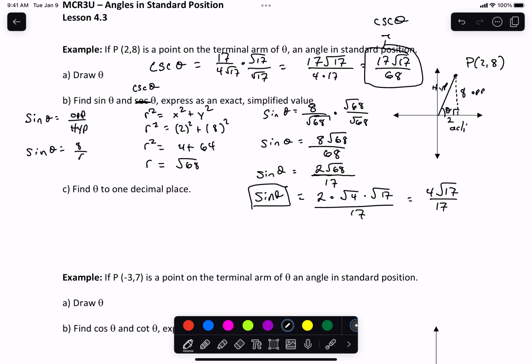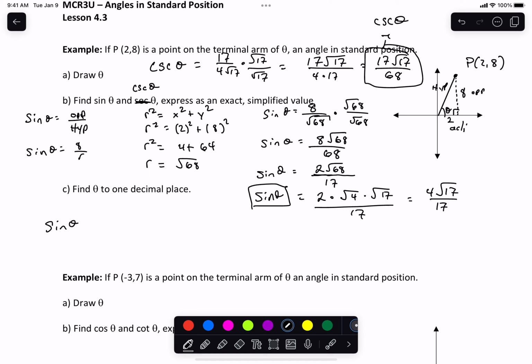Okay, final part here. Find theta to 1 decimal place. This you would need your calculator for. Not a great question for the test in relation to everything else, but you can find it now, right?